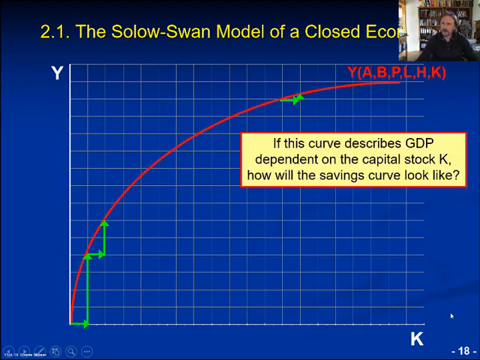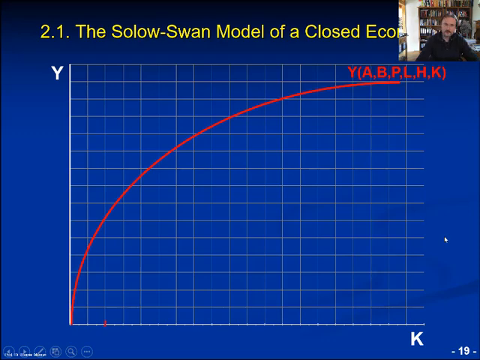If this curve now represents GDP dependent on the capital stock, how will the savings curve dependent on the capital stock look like? Since we have no foreign countries and no government, GDP is equal to household income. The Solow-Swan model assumes, as we have just seen, that the savings ratio is a constant number larger than 0 but smaller than 100%.